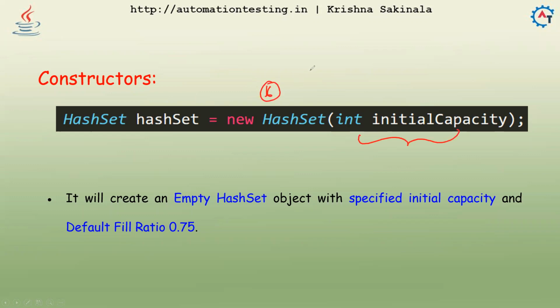But if you know that you are going to store 100 values, 200 values, or 1000 values, if you have prior information about how many values you are going to store, then you can directly use HashSet h = new HashSet(1000). This is how you can create a HashSet. This is another constructor.